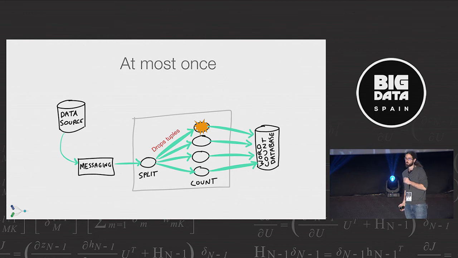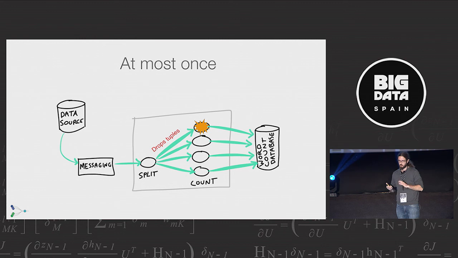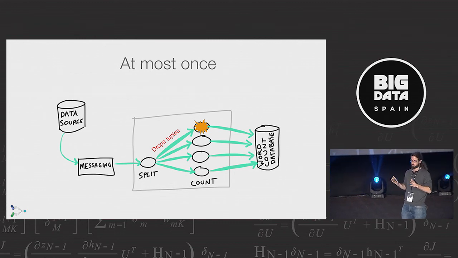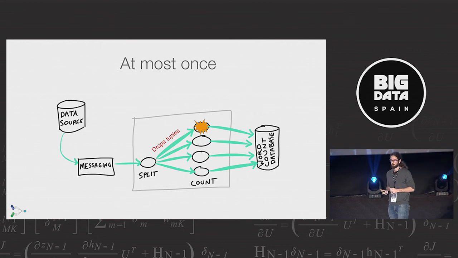So at most once is the simplest stream processing semantic. When data comes into the split node, it will split out the words, and then it will just fire and forget them to the other nodes in the graph.